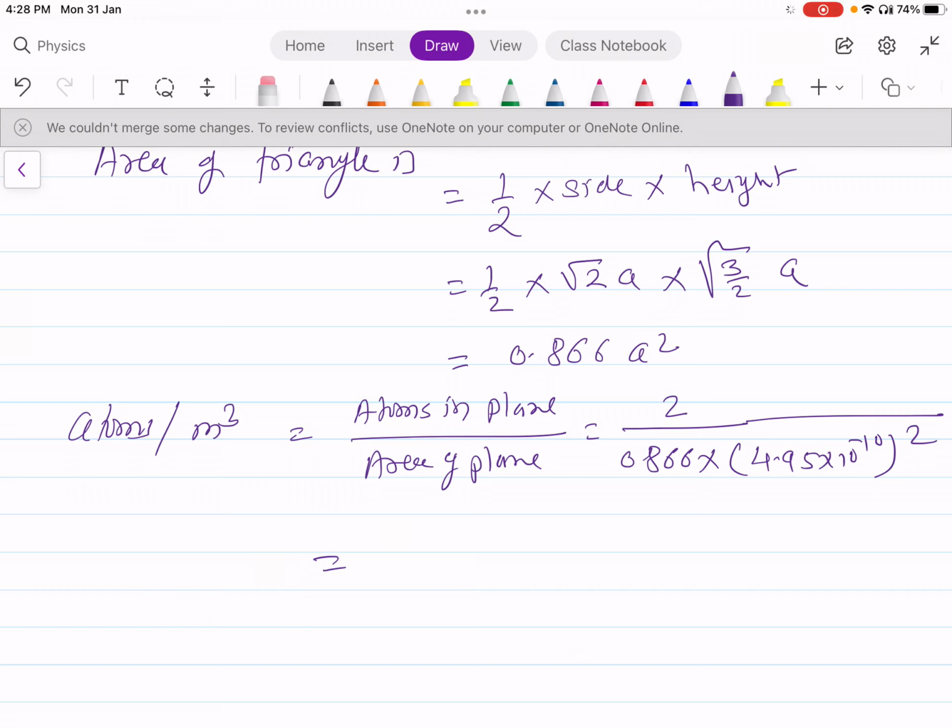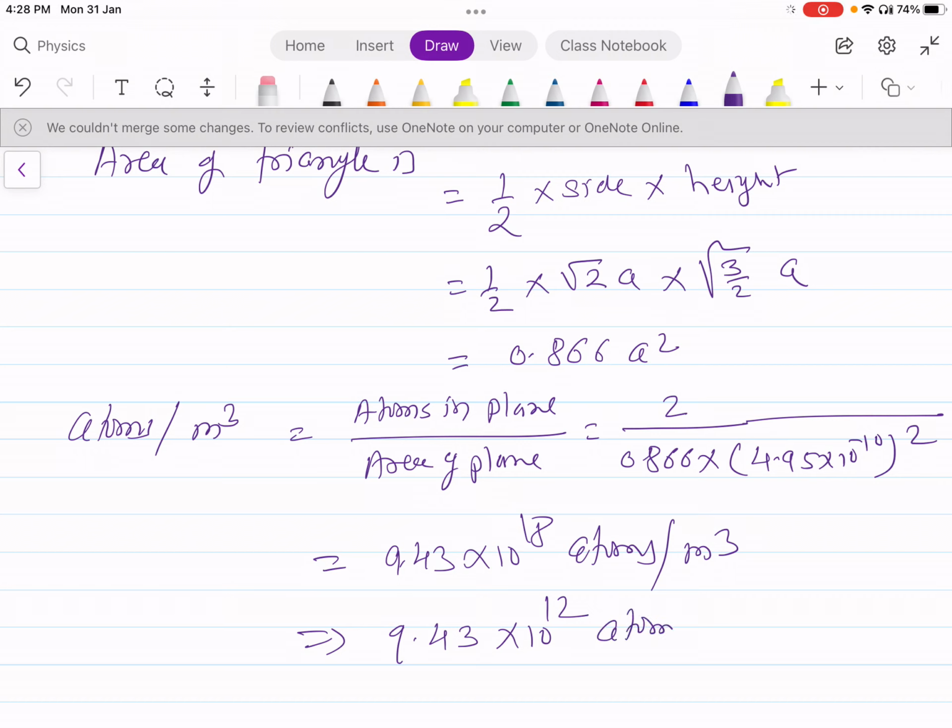After simplification, we get 9.43 × 10^18 atoms per meter square, which equals 9.43 × 10^12 atoms per millimeter square. And this is the answer.